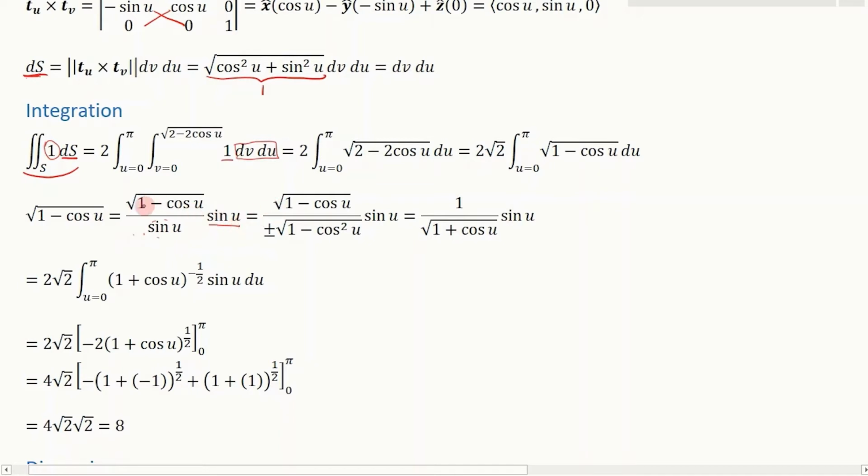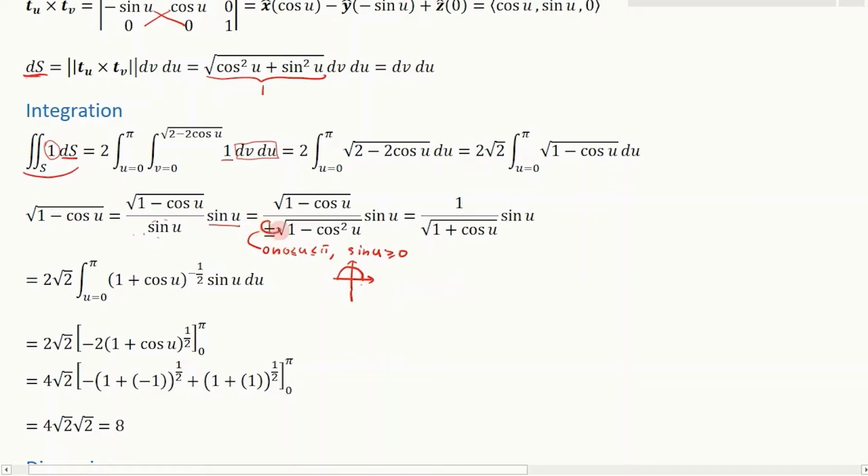Then I wrote the bottom part in terms of cosine. We know that sine of u is plus or minus square root of 1 minus cosine squared u. Because we're interested in u between 0 and pi, we know that sine of u is greater or equal to 0. If you sketch the unit circle, between 0 and pi you have positive sine.